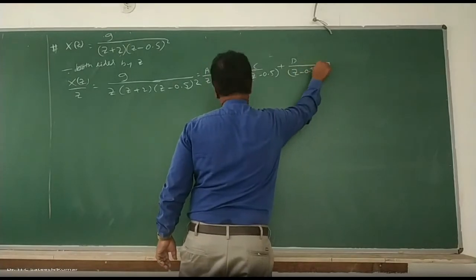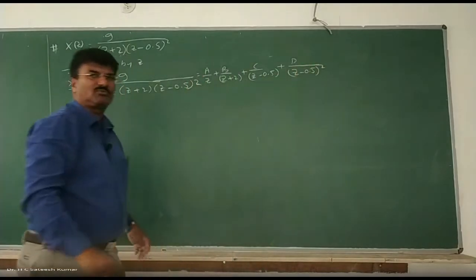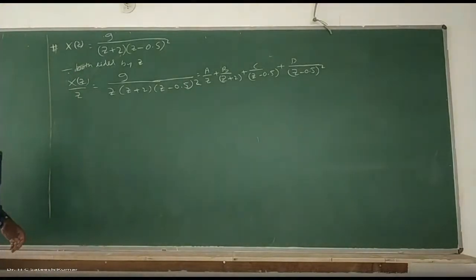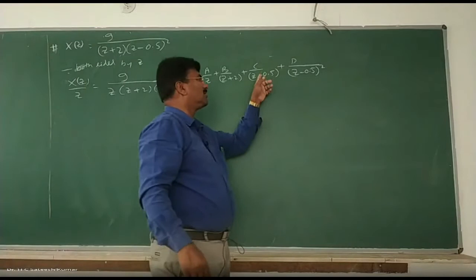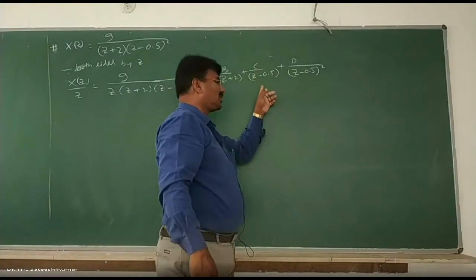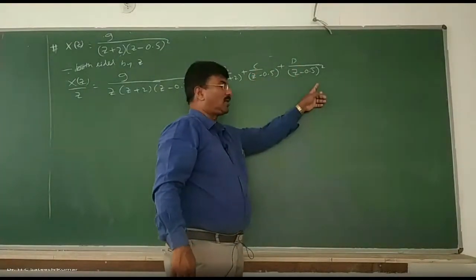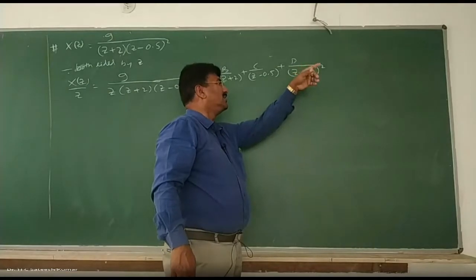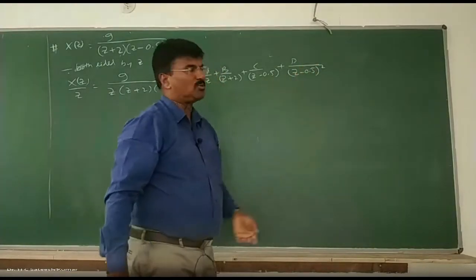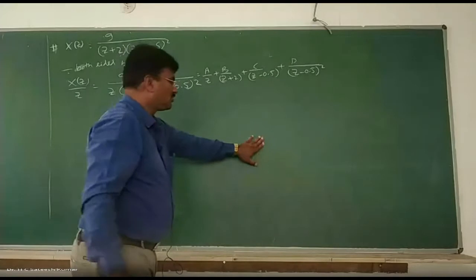Since square is there, no? So the partial fraction is of this format. Whenever square is there, we'll have to take c divided by z minus 0.5 and d divided by z minus 0.5 whole square. If cube is there, we take c by z minus 0.5, d by z minus 0.5 whole square, plus e divided by z minus 0.5 whole cube. So that is how we should do the partial fractions.